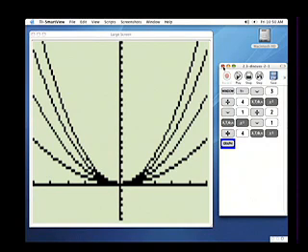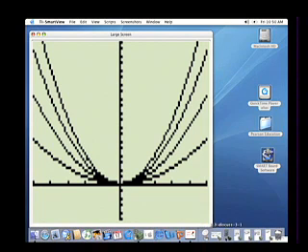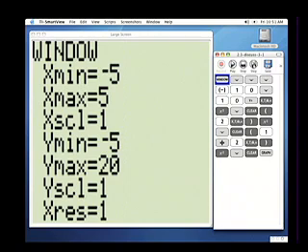We're going to call up the keystrokes for those three graphs, and here they are over here. And again, I just want to double check, and you should always do this because you're never sure what is in the window, and we want to make sure that the window has the same settings which it had before, so it does.